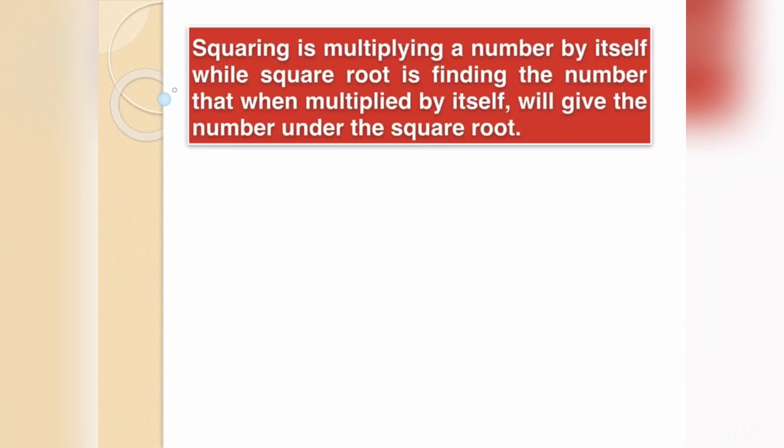We know that squaring is multiplying a number by itself, while square root is finding the number that when multiplied by itself will give the number under the square root. Let us see a few examples to understand the square root of a number. We all know that 4 square is 16.